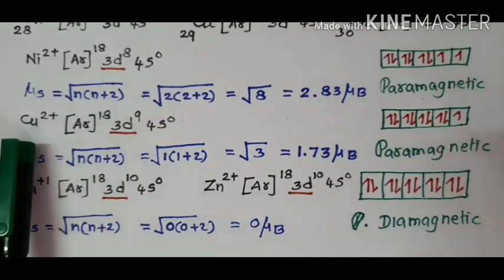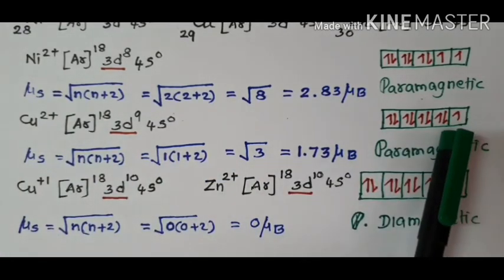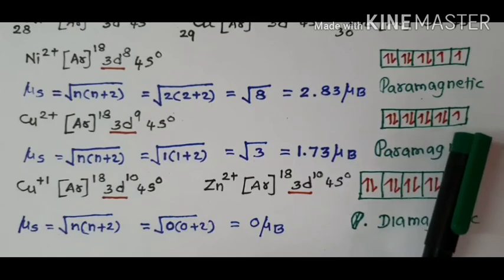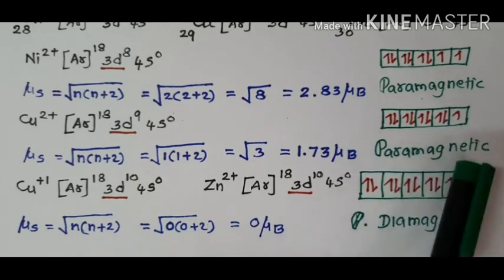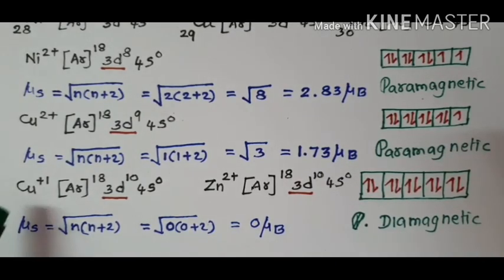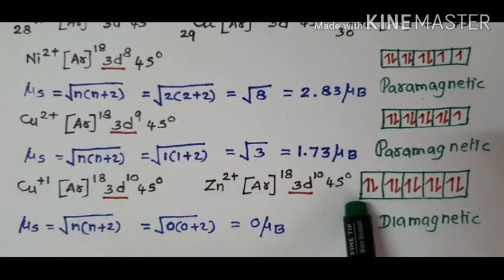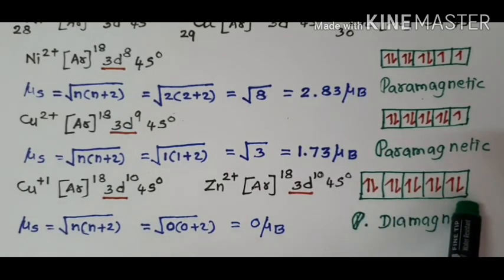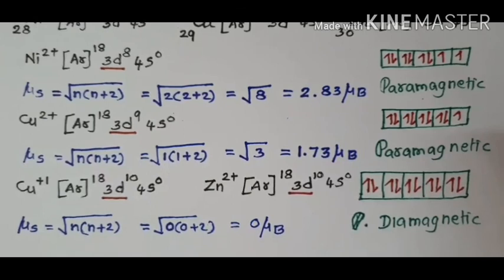In copper 2 plus, we have one unpaired electron. Due to the presence of unpaired electron, it is paramagnetic. In copper 1 plus, all the electrons are paired, therefore it is diamagnetic. The same question may also be asked in the case of titanium complexes.